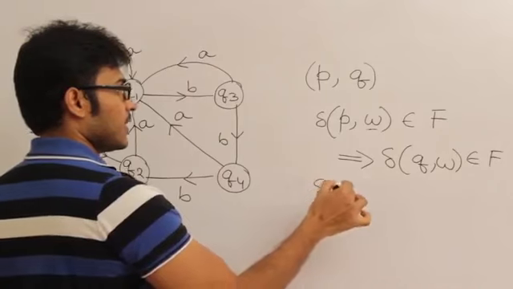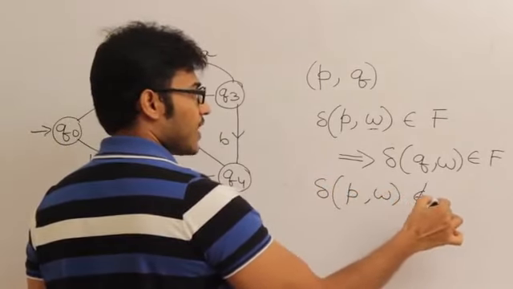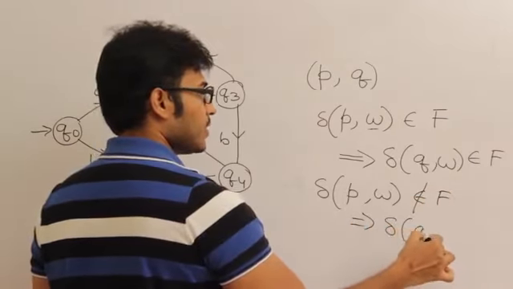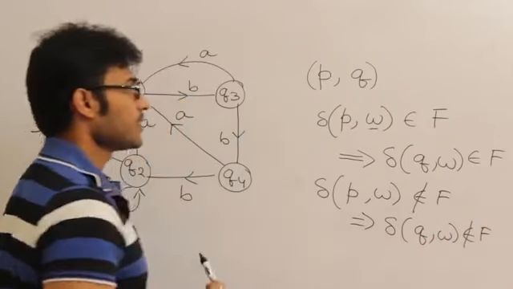If P does not go to a final state, then Q also does not go to a final state. Try to understand this.